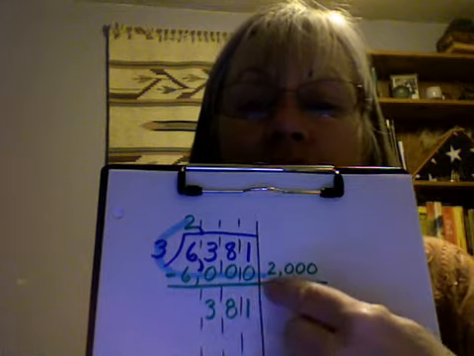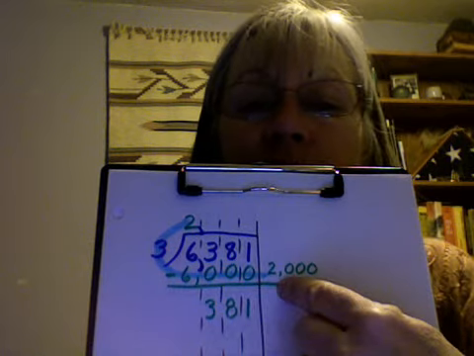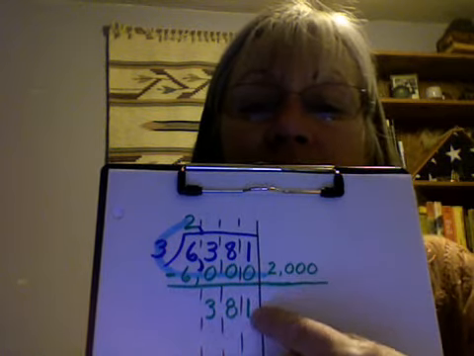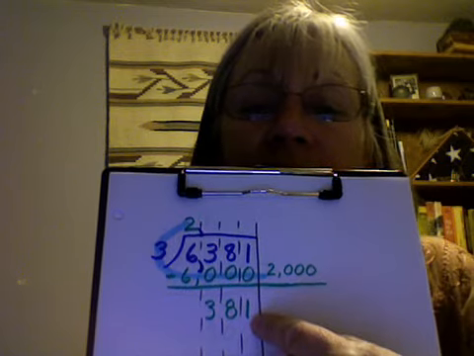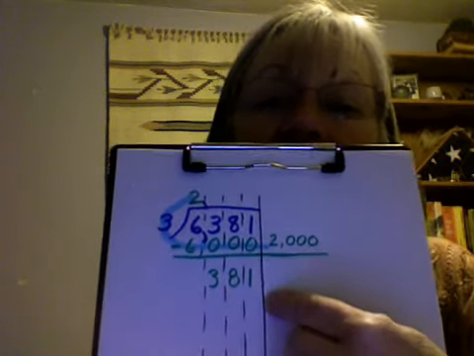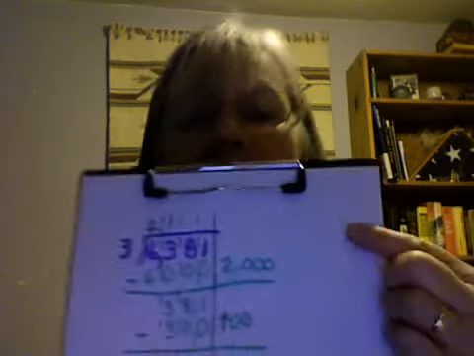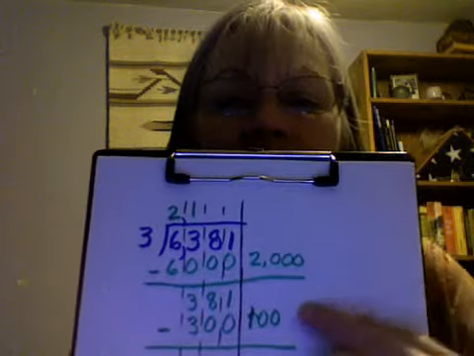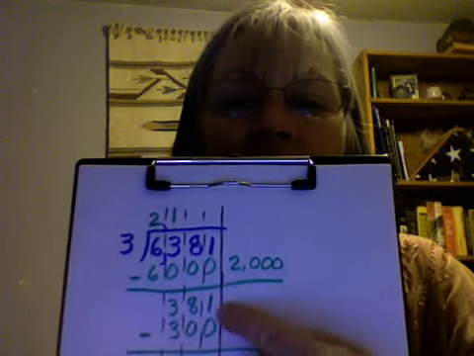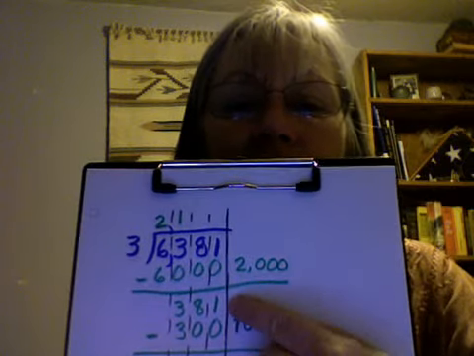We subtracted 2,000 groups of 3, and the difference, the answer that we have left from subtracting, is 381. We'll continue now with the next step where we say, well, now we have to figure out how many groups of 3 there are in 381.